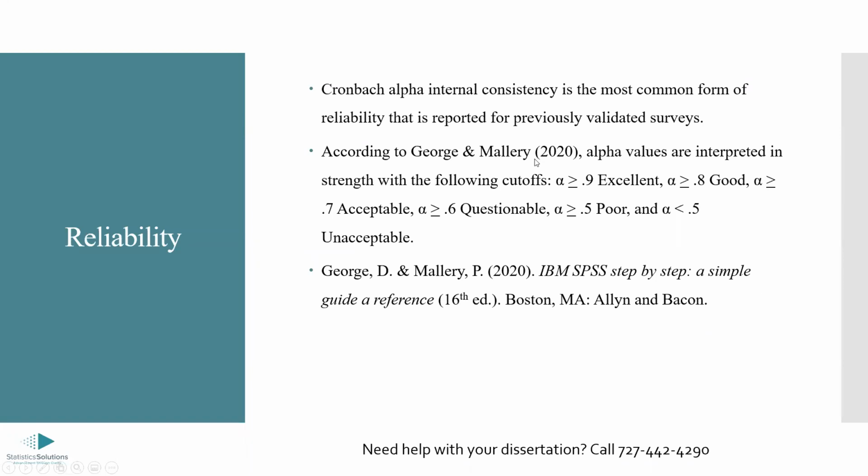Reliability is looking to see how consistent participants are in responding to your questionnaire. So Cronbach's alpha is the most popular form of reliability that is reported. And what this is checking is how consistently people are responding to the questionnaire.